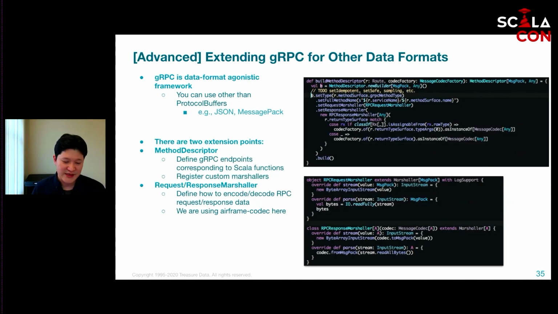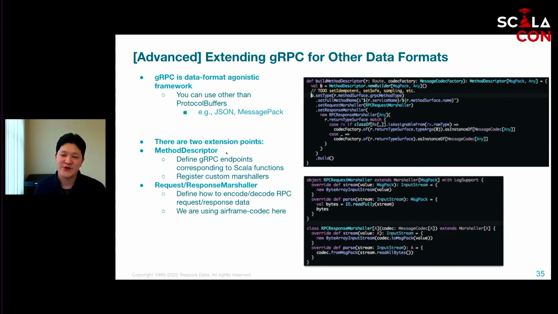This is actually a little bit of an advanced topic, but gRPC itself is a data-format-agnostic framework, so you don't need to use protocol buffers. You can use JSON or MessagePack instead. To do so, you need to extend two points in gRPC.